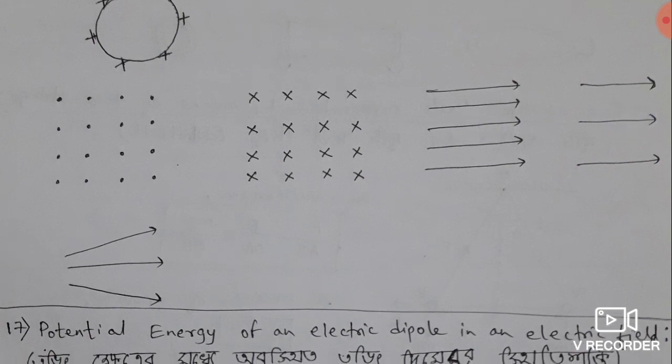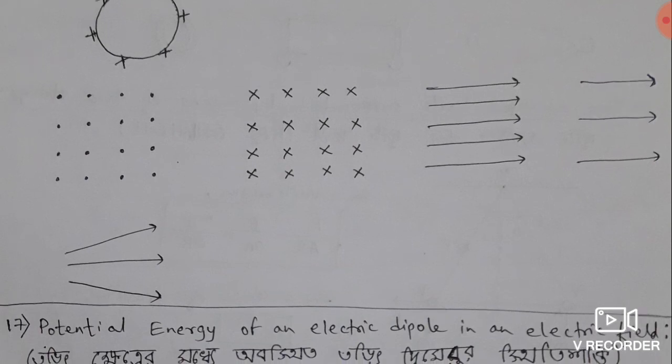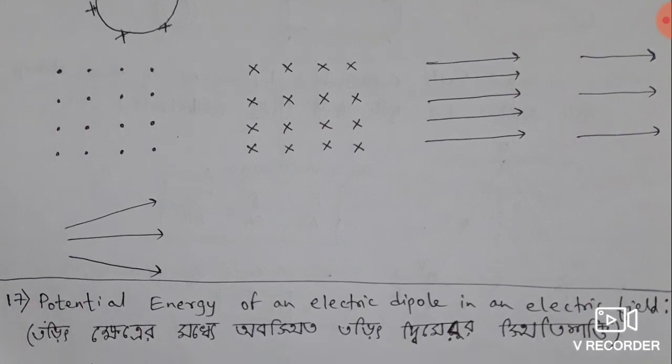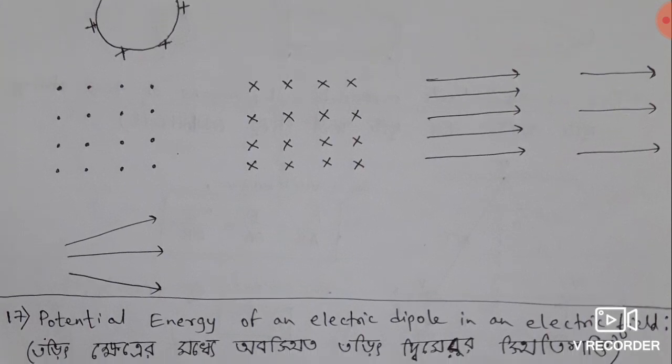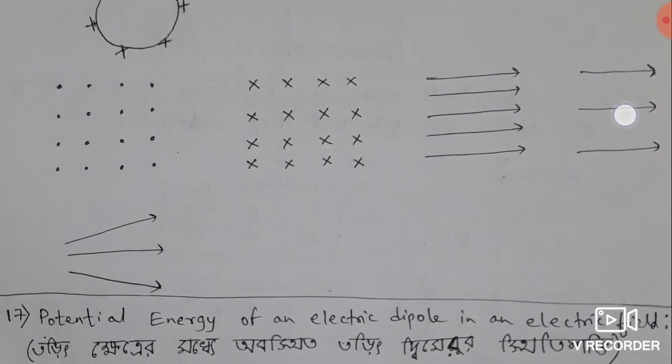And beside this there is a weak uniform electric field. Since this is parallel, it is uniform, and it is weak because the lines of force have larger gaps compared to this. So this is a weak uniform electric field.